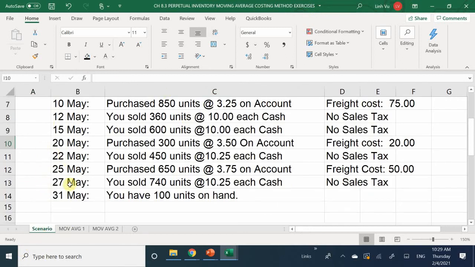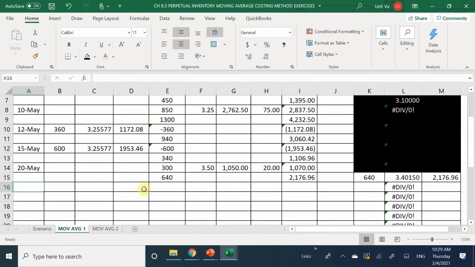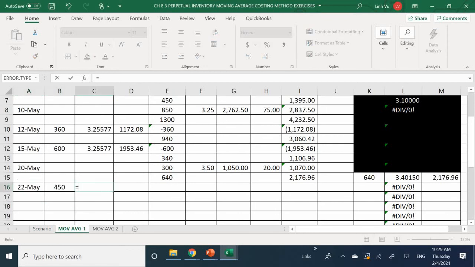What happened on May 22nd? You sold 450. So May 22nd, we sold 450 items. And we're going to take our average cost of 340. And of course, I'm going to do my equal round.